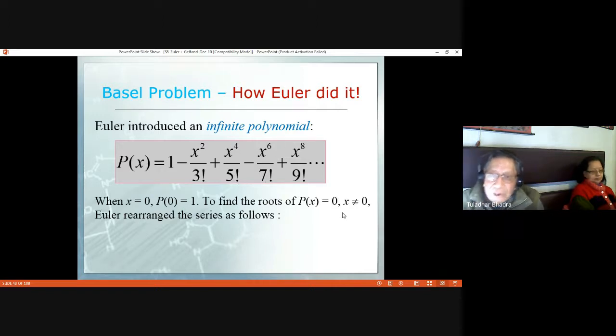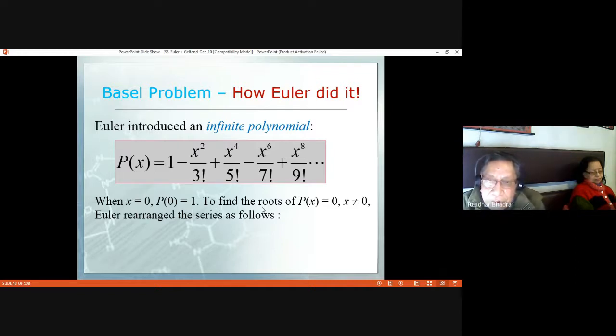When x is equal to 0, all the other terms will be 0 and we have 1. So to find the roots of P(x) equal to 0, where x is not 0, if x is equal to 0 we have a trivial solution.